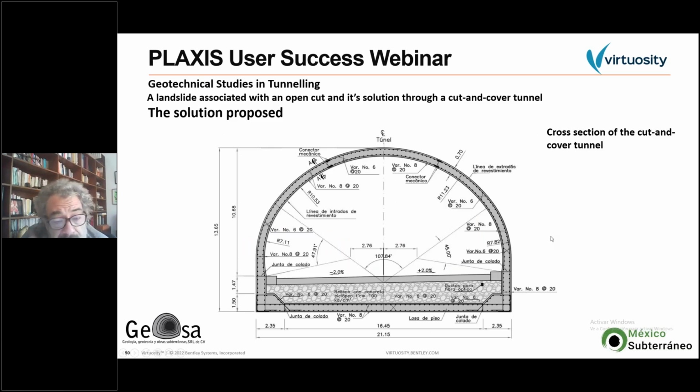This is the structure of the tunnel. As you can see, it's very robust. It's a very strong section with a lot of reinforcement and high strength concrete, and also it's a closed structure in order to work properly with the forces. Well, it was a kind of a bunker, they said, but it was necessary.